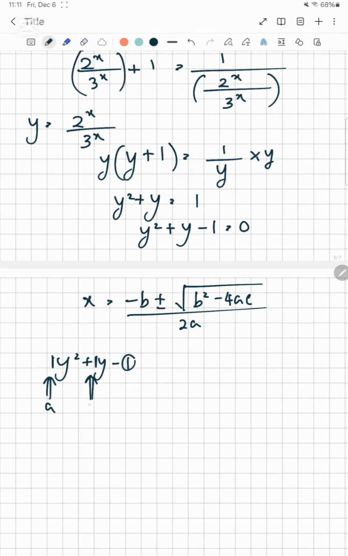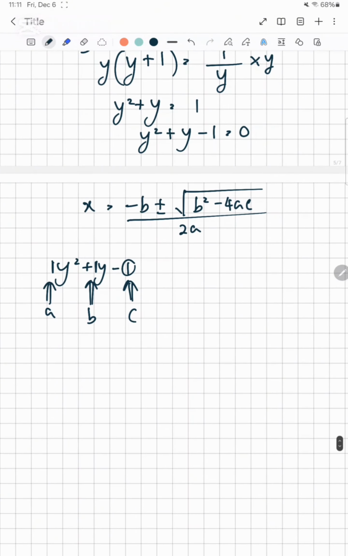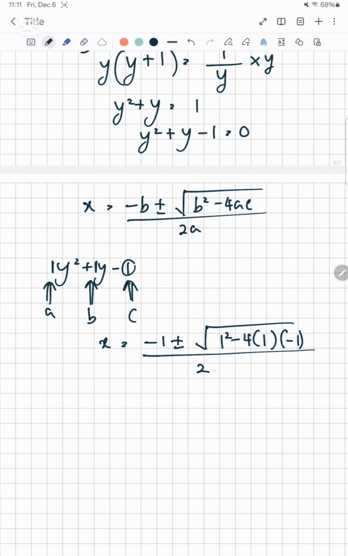So let's sub in the values: minus 1 plus or minus 1 squared minus 4 into 1 into minus 1, over 2 into 1. So this gives you minus 1 plus or minus root 5 over 2.